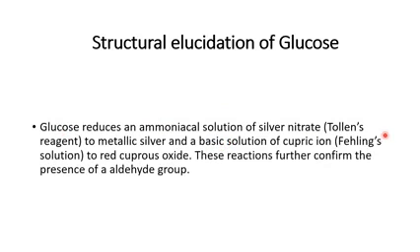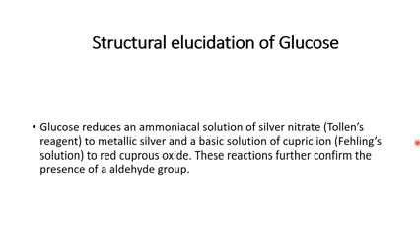Glucose reduces Tollens reagent. Tollens reagent is nothing but an ammoniacal silver nitrate solution, which can act as a mild oxidizing agent. The silver nitrate gets reduced to silver.